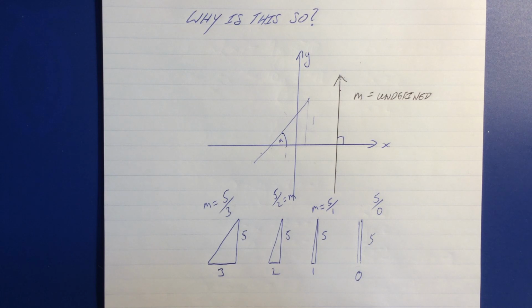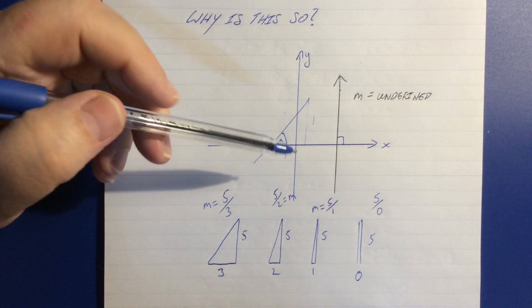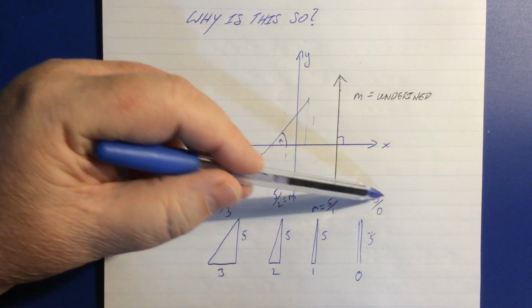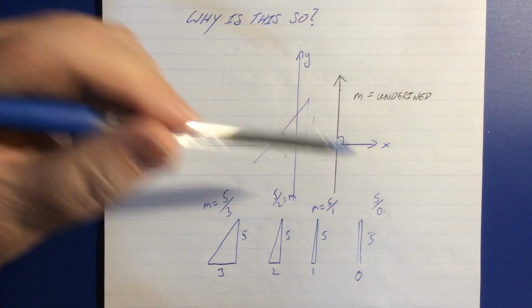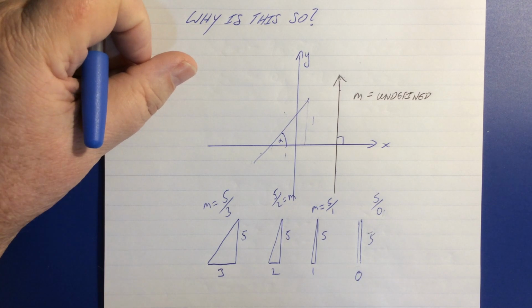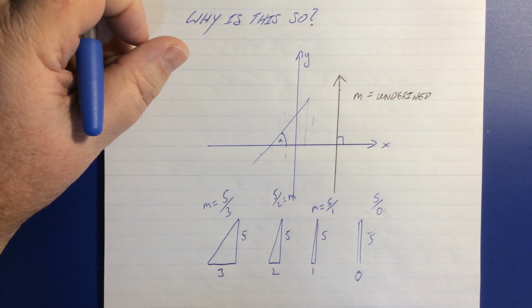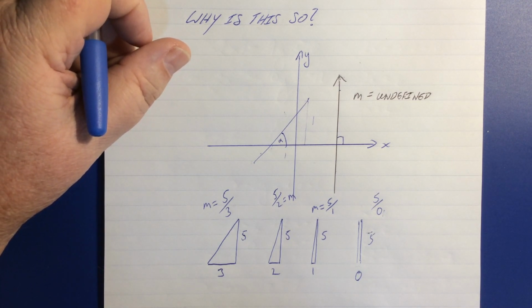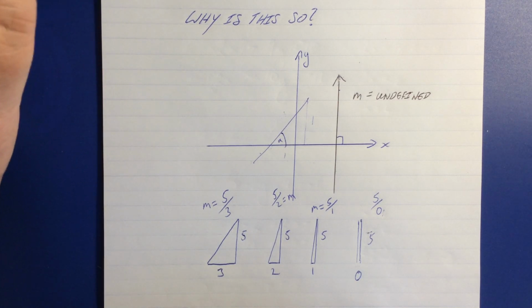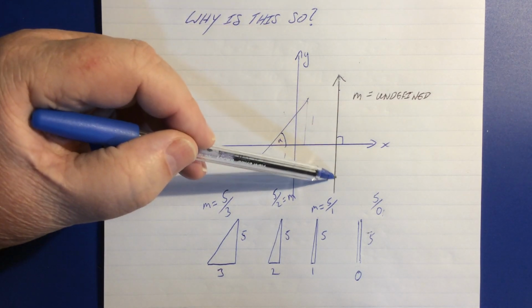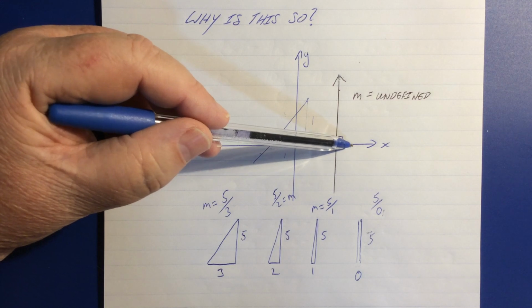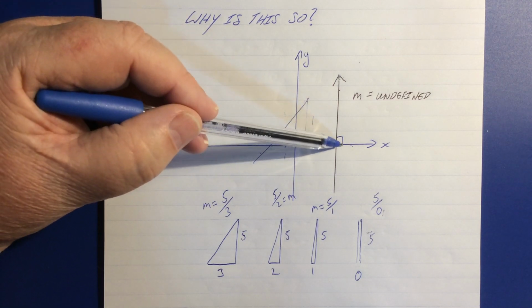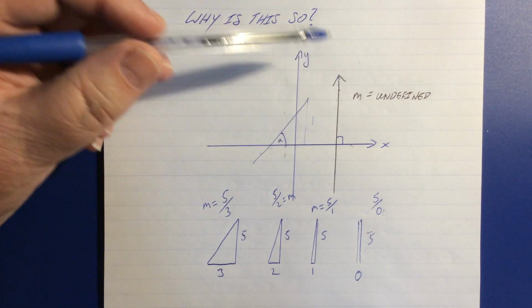It will give you an answer of undefined when it comes to a calculator, because the calculator will have done a calculation like this, or tried to, and discovered that you can't divide things by 0 in our universe anyway. So that is the reason why a vertical line from the x-axis, 90-degree angle here, has a gradient that is undefined.